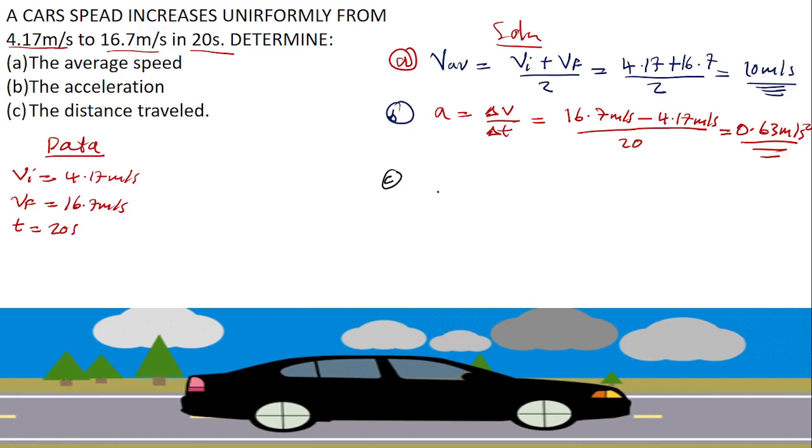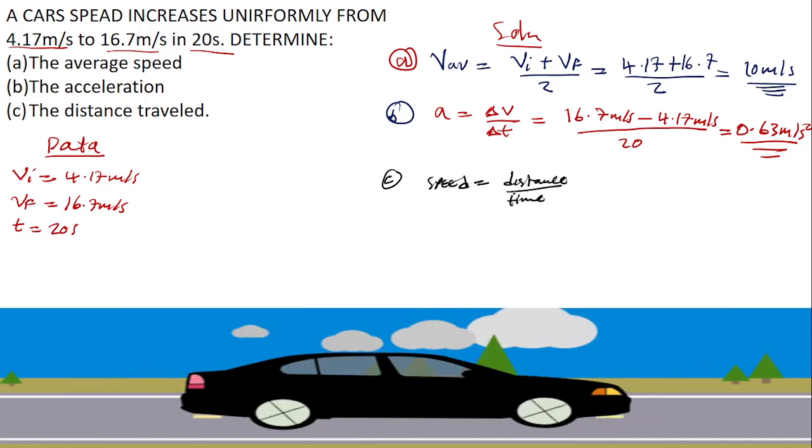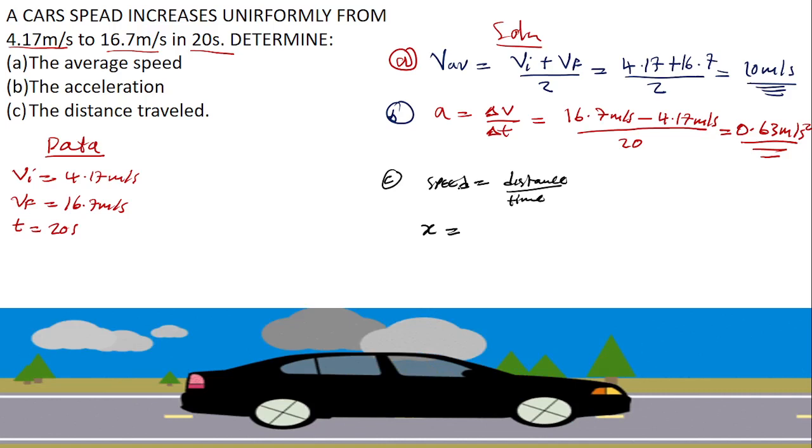We know that average speed is equal to average distance over time. We can utilize this to come up with a formula for the distance: x, standing for the distance, is simply equal to average velocity times time, t.